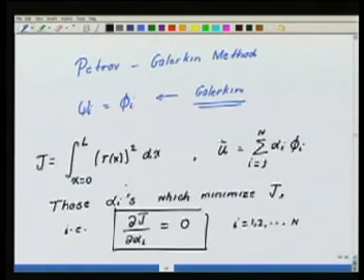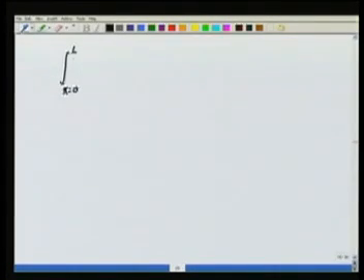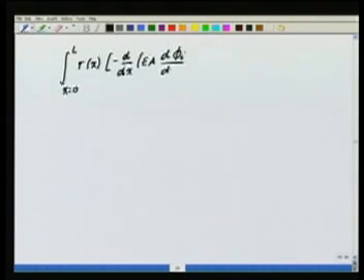If I do things like this here, then del j del alpha I will give me integral x is equal to 0 to L r of x into, if I go to the r that we have taken, minus d dx of Ea d phi I dx.